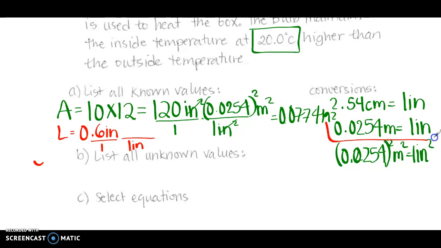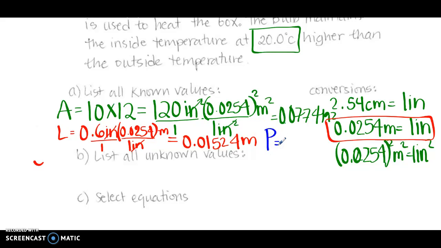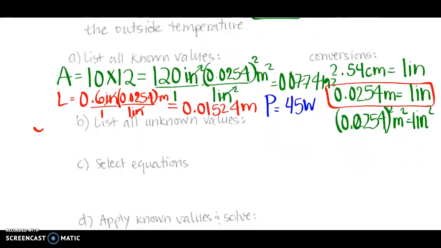We're going to use this conversion factor right here, 0.0254 meters. So the inches cancel out. Do the multiplication. You end up with 0.01524 meters. And then we also know the power is, we have a 45-watt bulb. Those are the things that we know.